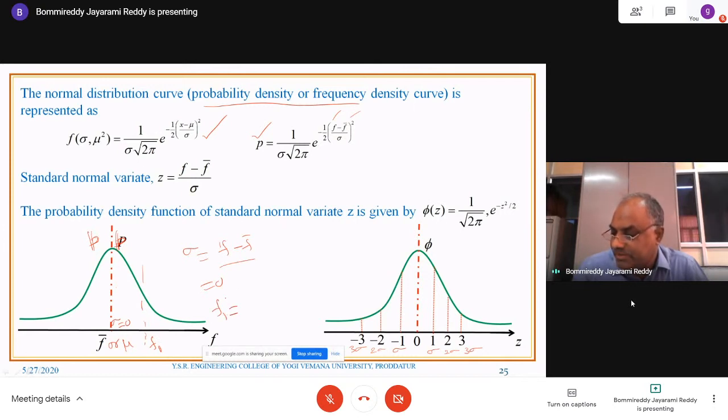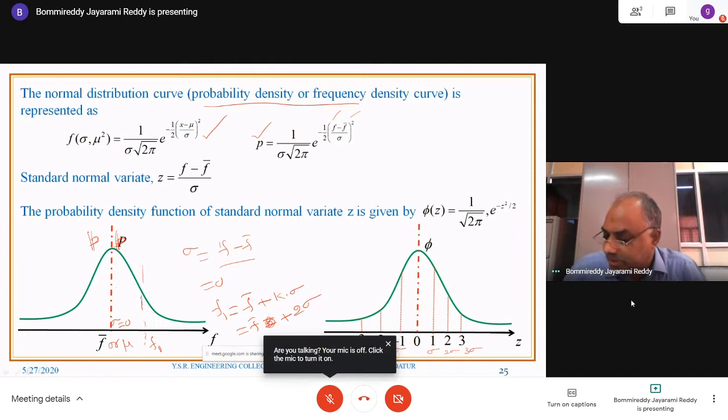F1 value is nothing but f bar plus k times sigma. If you want to calculate the value corresponding to 2 sigma, what do you do? K is equal to 2. So that means f bar plus 2 times sigma.